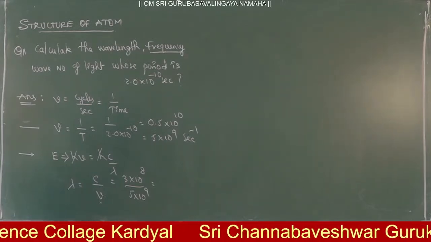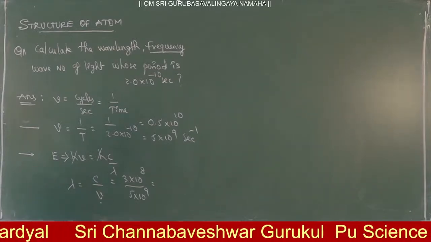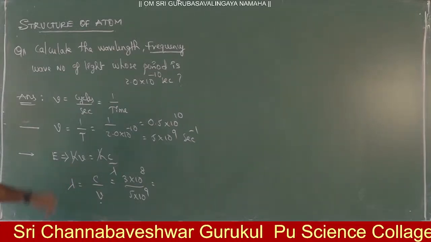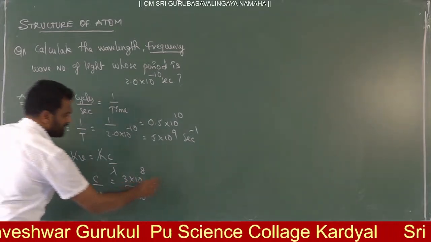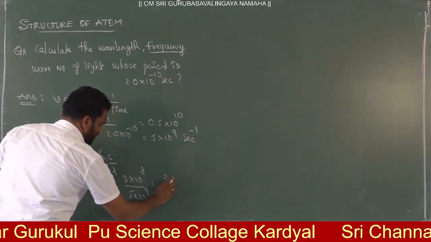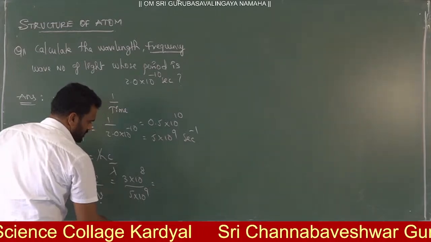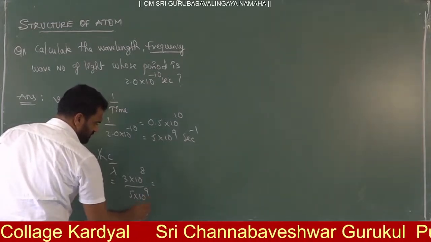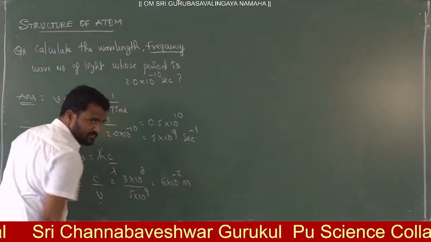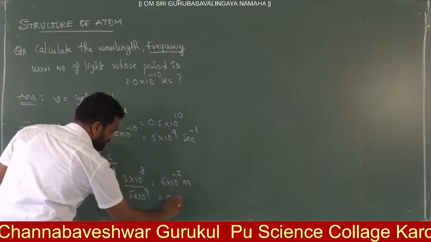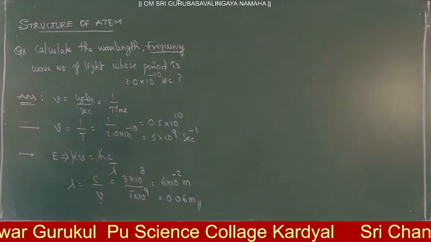In meters, how much will you get? 0.6 into 10 to the power of minus 1, which is 6 into 10 to the power of minus 2 meters. This equals 0.06 meters. This is the wavelength.